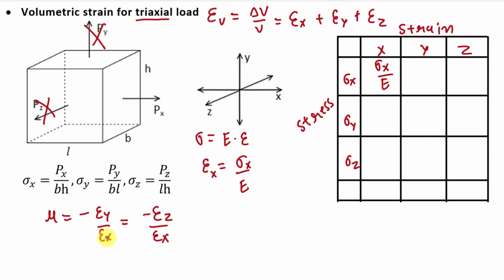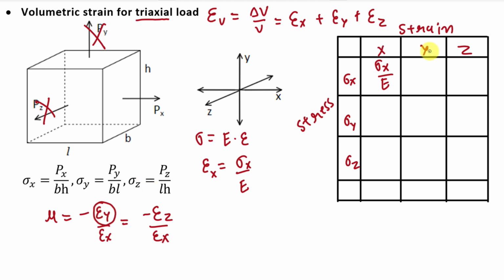Right? Here we know the value of epsilon x. Epsilon x is sigma x divided by E. So from here we can find out epsilon y and epsilon z. Right? So here what will be the value of epsilon y?